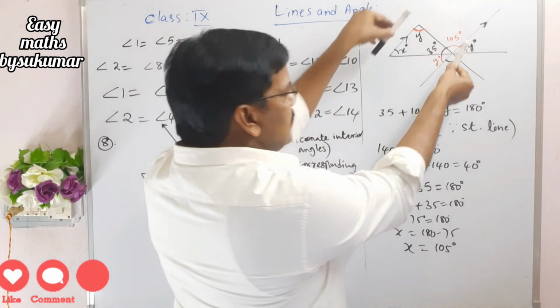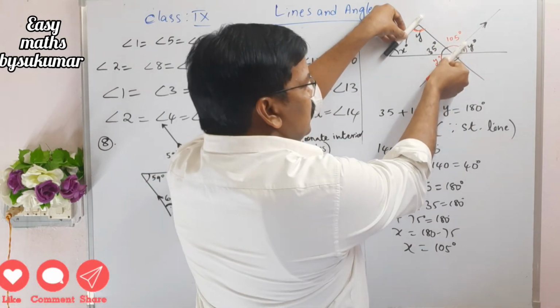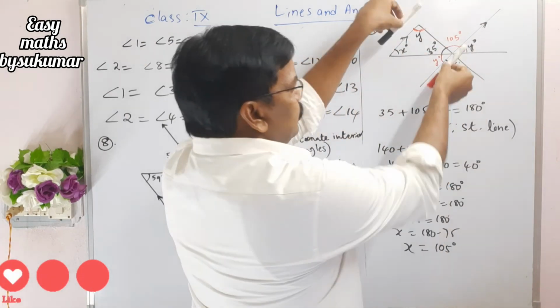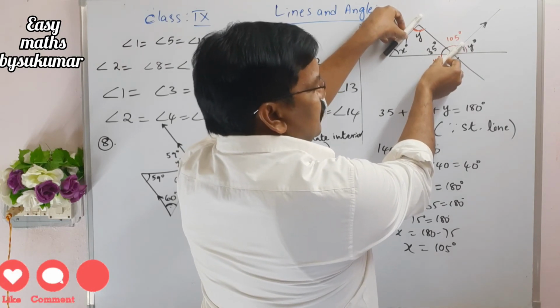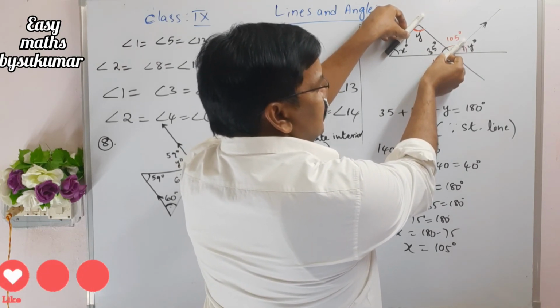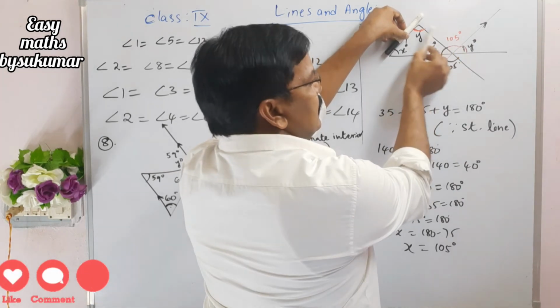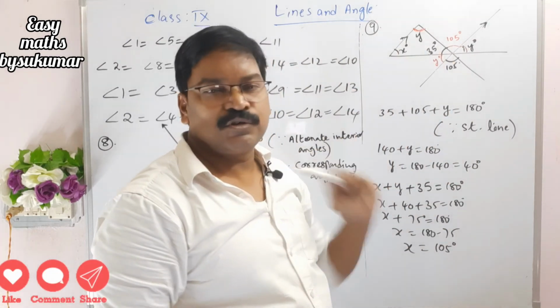Why? These two lines are parallel. And it is a transversal. Therefore, my dear students, these angles are called what? It is a transversal means they are called what? Alternate interior angles. This angle and this angle are alternate interior angles. So, it is also equal to y.